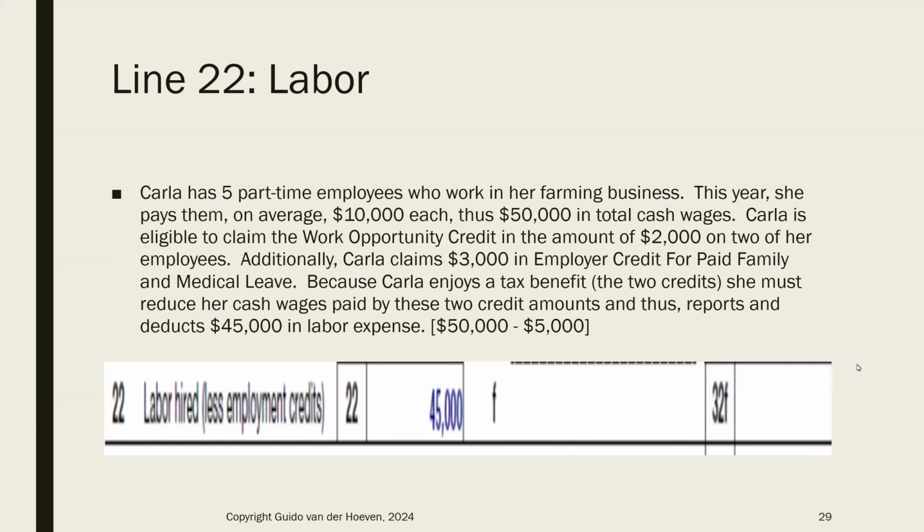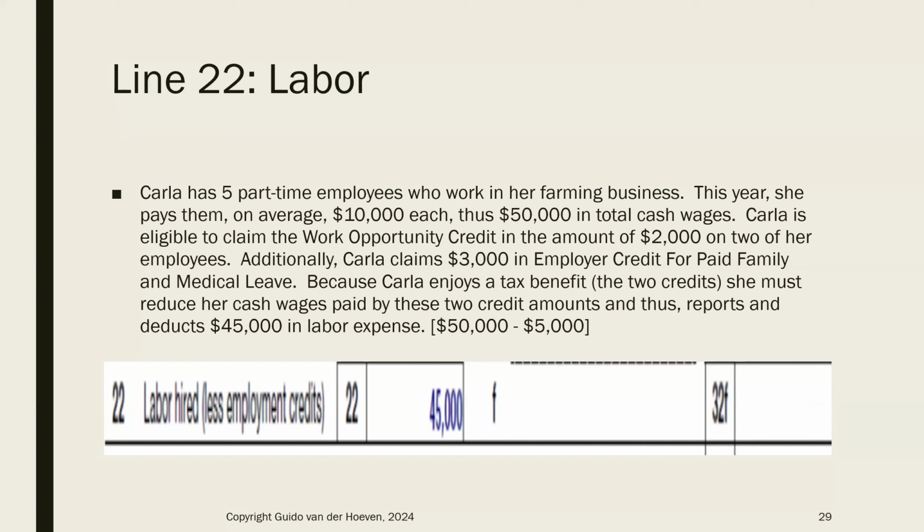Now here we've got Carla, who has 5 part-time employees. She's paid them an average of 10,000 each. So there's $50,000 in cash wages, but she is also eligible for the work opportunity credit of $2,000 on 2 of her employees. And she has $3,000 of the employer credit for paid family and medical leave that's available. So she is going to receive a tax benefit, these 2 credits.